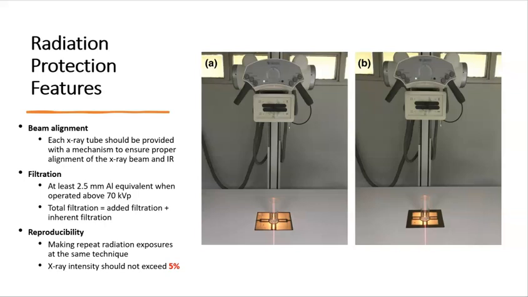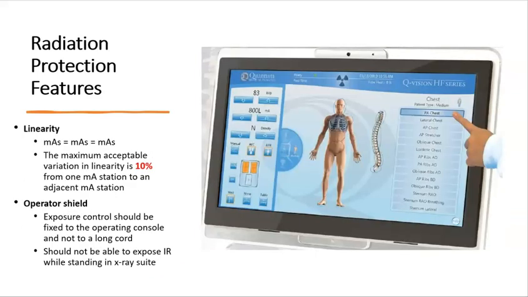And it reads out, let's say 10 milligray. Then we take another one, and it reads out at 9 milligray. We take another one, it reads out 11 milligray. So it can't exceed 5%, okay, of what is programmed. So we have meters in there, and we check this. So reproducibility is the physics check that is done on all of our equipment yearly. Make sure that it's operating properly.